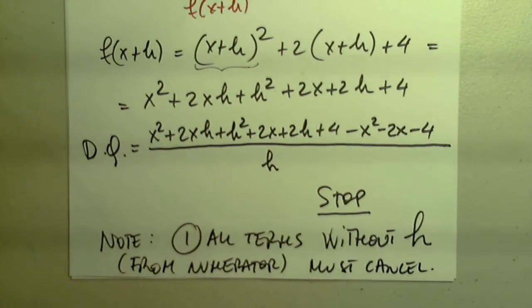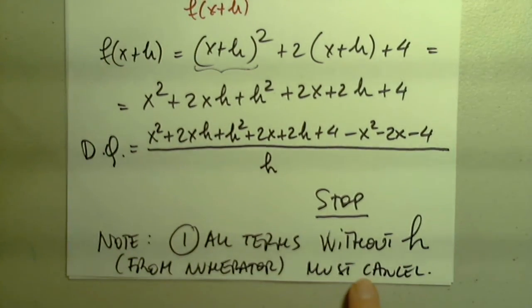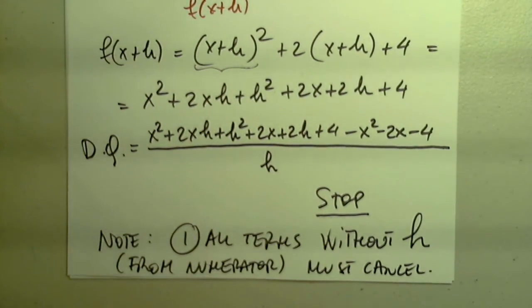What do I do if they don't cancel? I go back to the drawing board. I have a huge error somewhere. They have to go away. Some terms with h may go away too, which is a bonus. But all terms without h must cancel. If they don't cancel, I made a boo-boo somewhere.